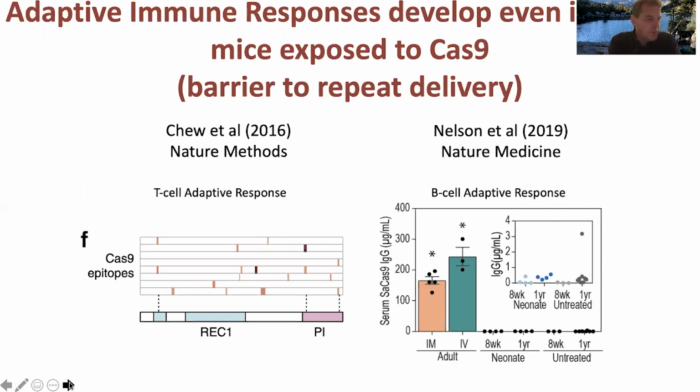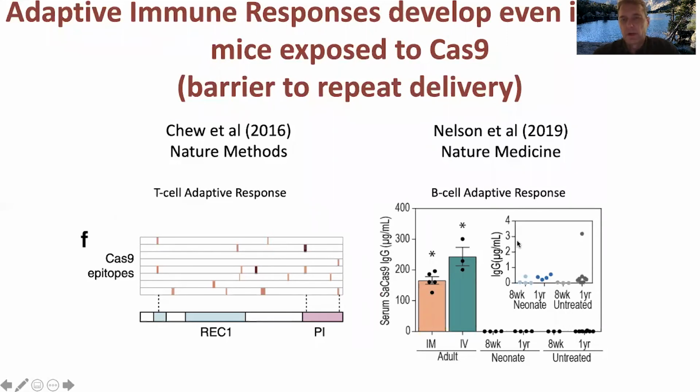Amy Wager's group and Charlie Gersbach's group both found that an adaptive immune response was mounted against the Cas9 that was delivered on an AAV. And in the Wager's group experiments, they found that the T cells, even in these inbred mice, recognized epitopes throughout the Cas9 protein, I think making it quite challenging to think about engineering away this immunogenicity.